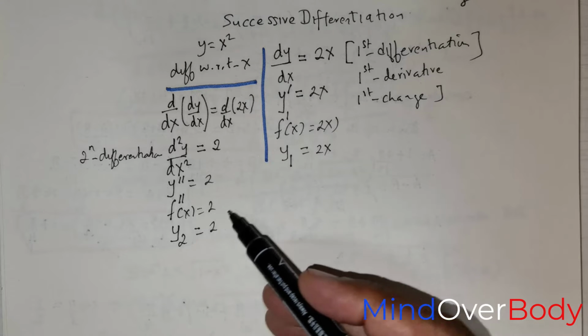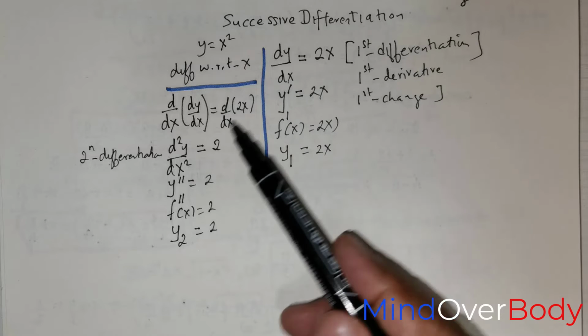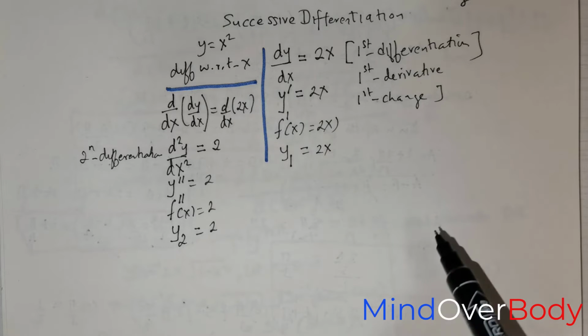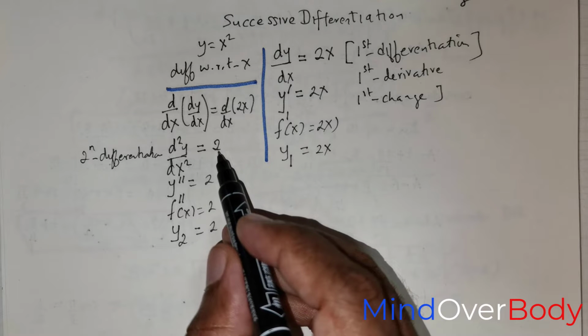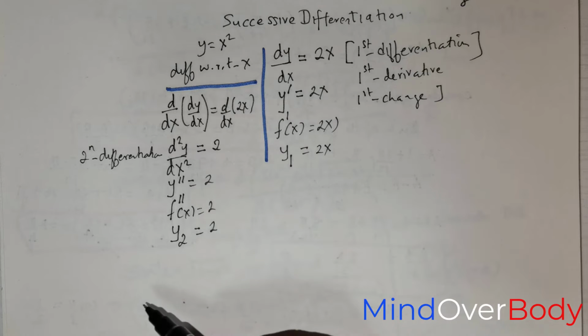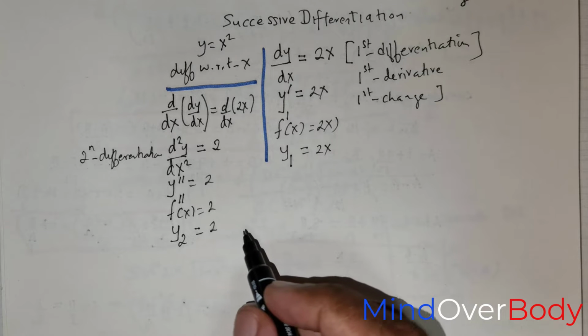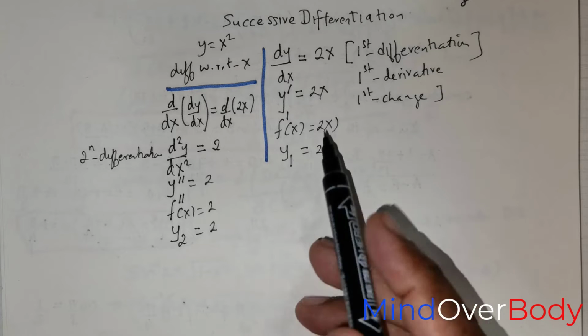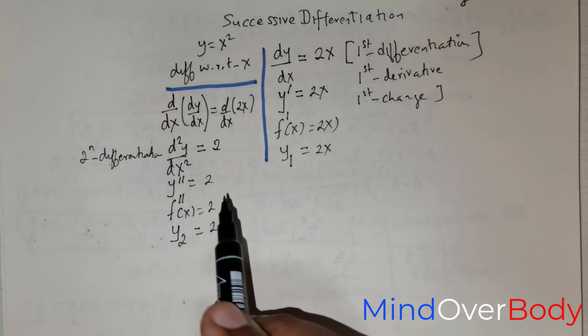So what have we done here? We have successively performed a differentiation, the first differentiation, the second differentiation. We can move on with the third differentiation if there were an independent variable x, but in this case it's a constant, so the third derivative would result in 0. So this is the exact essence of successive differentiation.